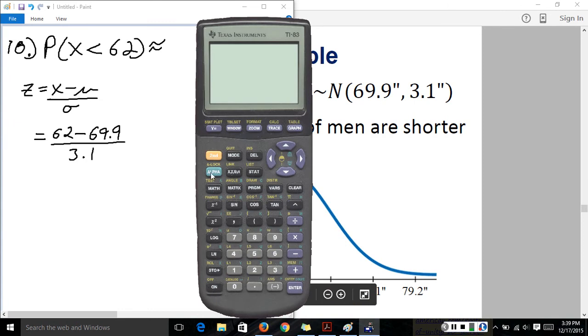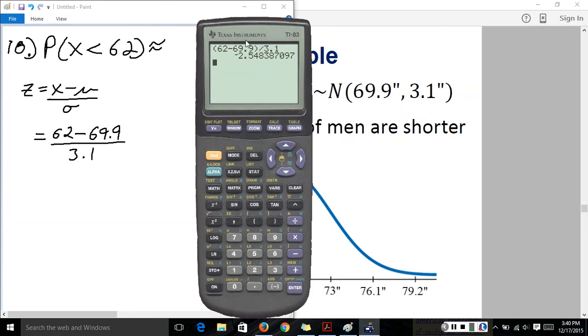But I suggest that you put parentheses around the top of the fraction, the numerator. And that keeps everything in the calculator in a way that the operations will be done in the correct order. So I put the top in parentheses. I can put it on one line, and I get my answer.